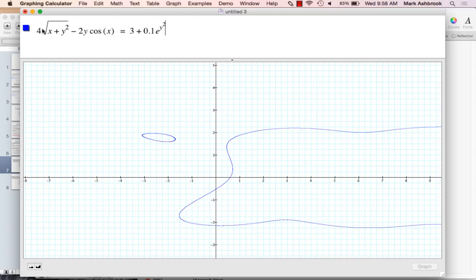So that's pretty cool. So there's the points that lie in this curve. All these points in this curve make this true, but then there's like this isolated ring over here. And all these points over here make it true too.